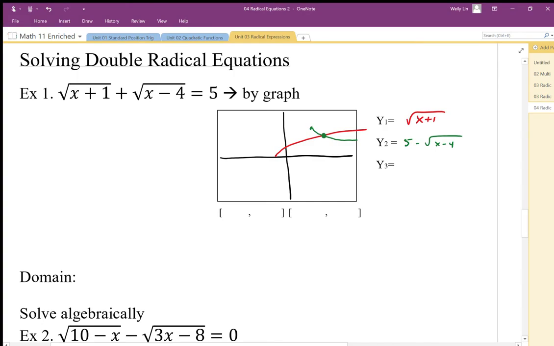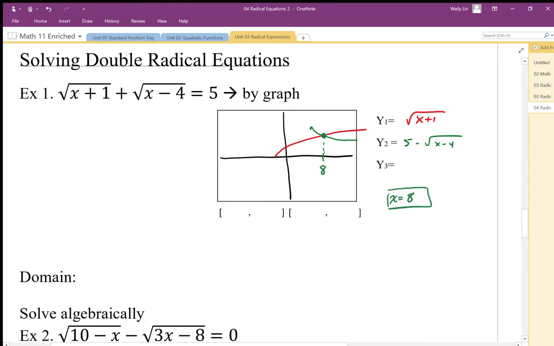Okay, so when we find the intersection, the intersection works out to be x equals 8, y equals, it looks like 3. So at x equals 8, we get y equals 3, and that matches on both sides, so our solution is going to be at x equals 8.